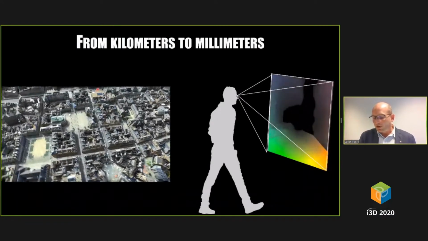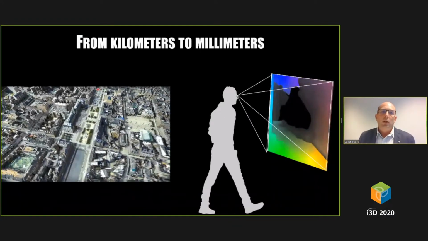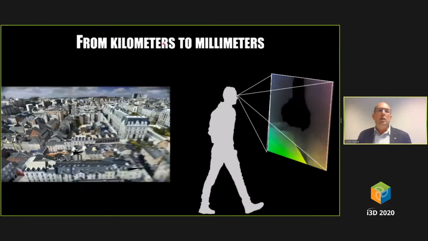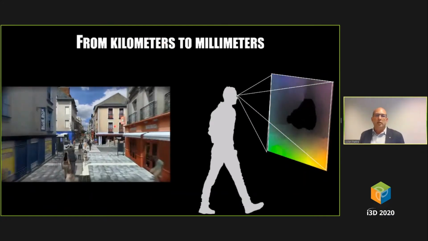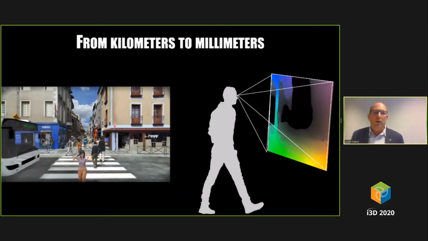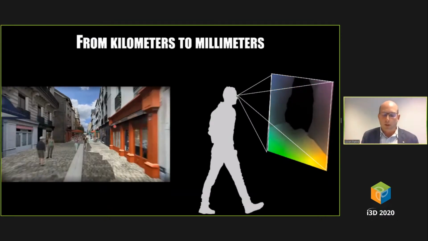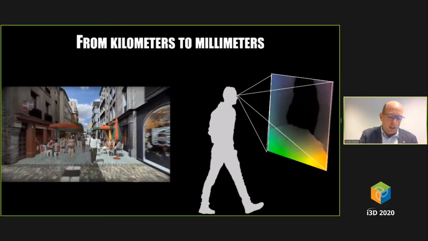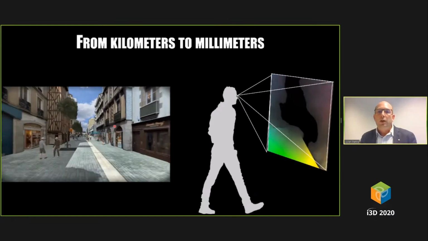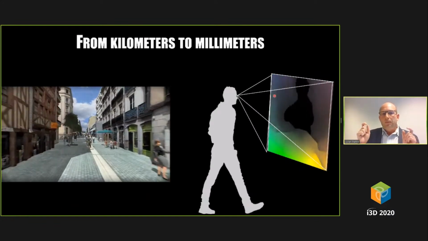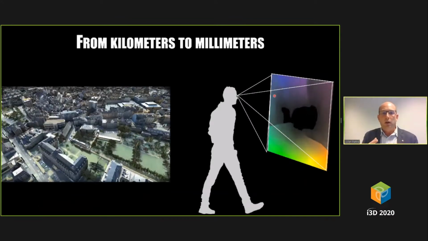in this talk, which I entitled from kilometers to millimeters, the idea was the following. We were trying to generate animation systems to populate very large environments, sometimes reaching the size of cities. We progressively became interested in understanding how people actually control their locomotion.